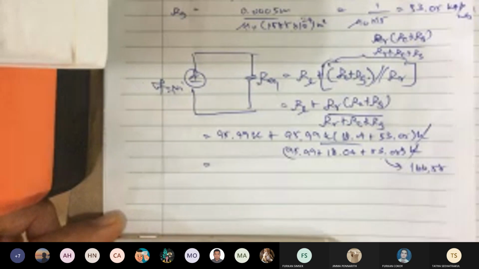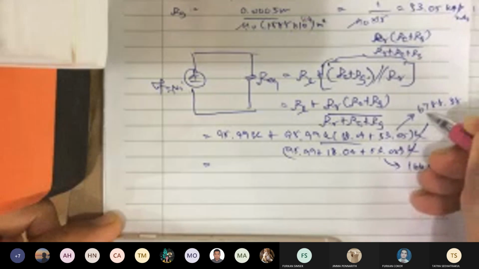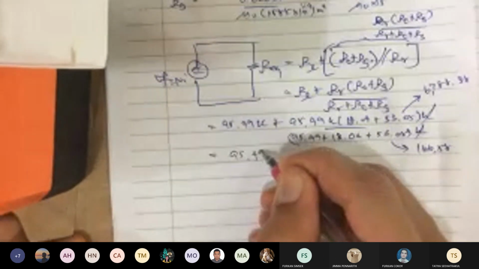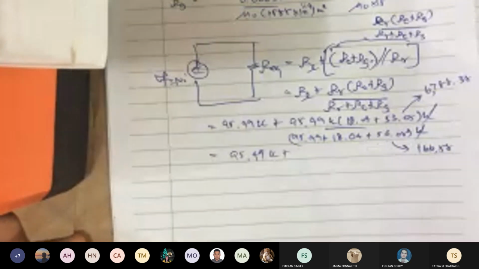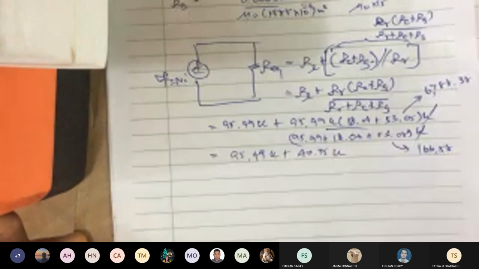The top one is 6788.38. So it becomes 95.49 K plus 40.75 K. Is that right?